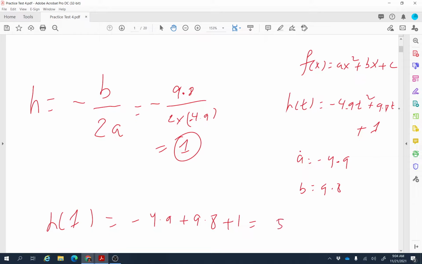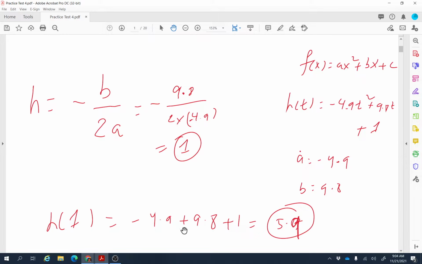So 9.8 plus 1 is 10.8, minus 4.9 is 5.9.